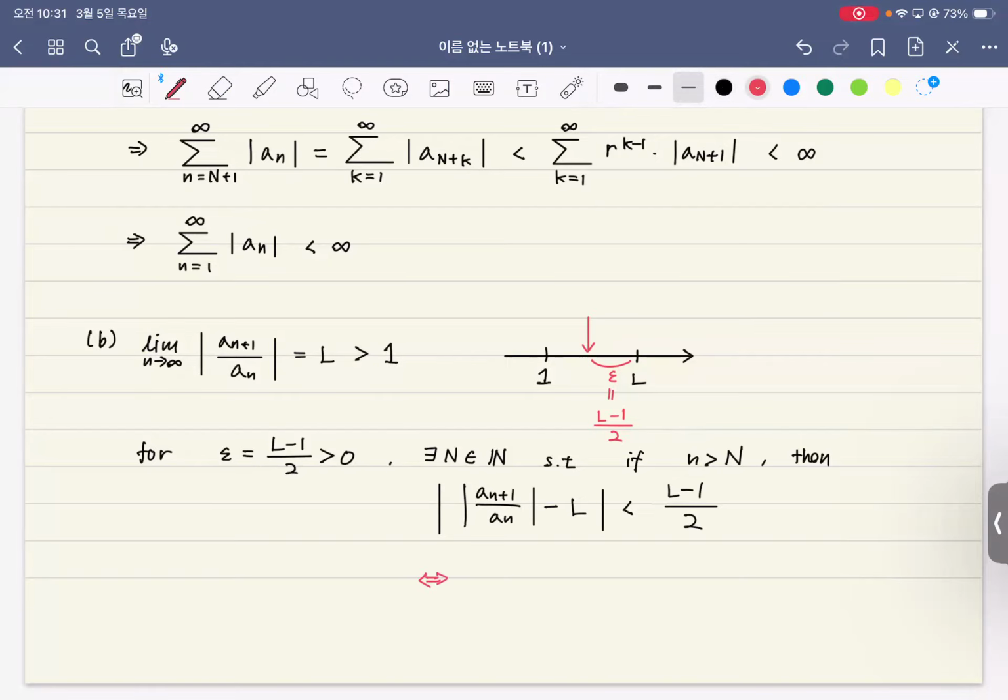But I won't be needing both inequalities at the same time. I will only be needing the lower one alone. And this is just L plus 1 over 2, which I will call R. This is the coordinate of this midpoint, and this point is clearly greater than 1.